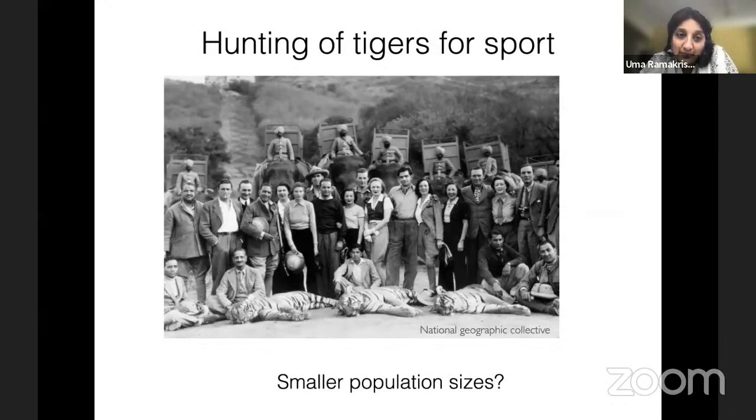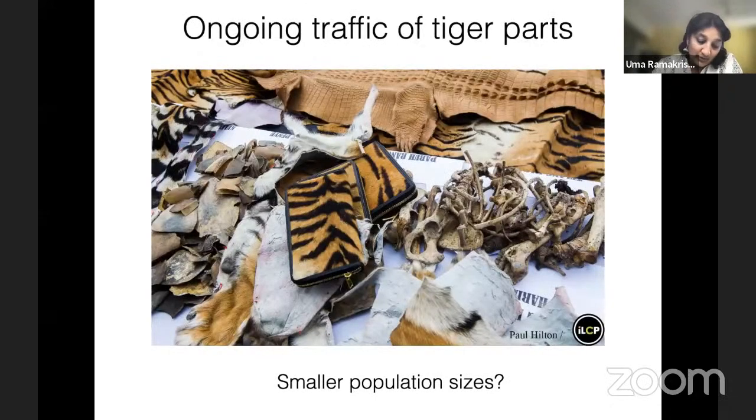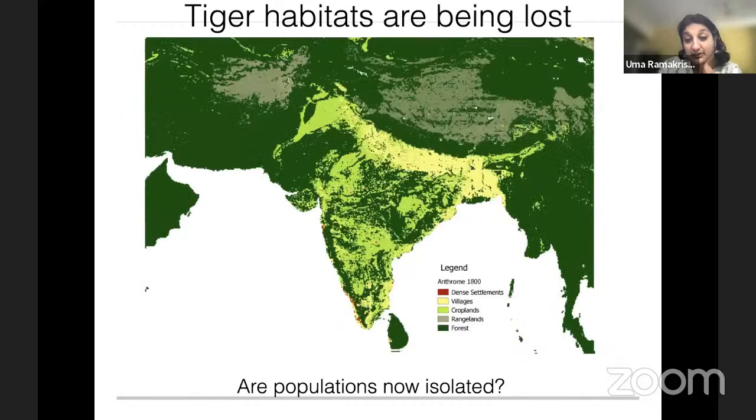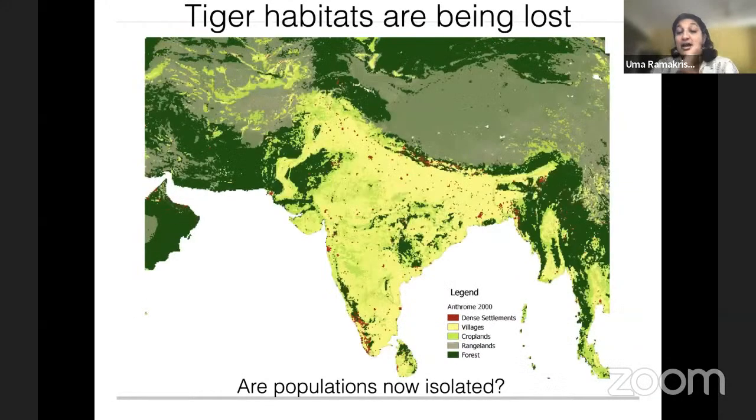Of course, we know that tigers have been hunted, and so those shorter stretches we see could be because of these bottlenecks. There's a picture, for example, of a hunt from the British Raj times, and ongoing trade and continued poaching, illegal hunting of tigers. Of course, tigers have also lost habitat. So this is an extrapolation from a database called Anthrome, and you can see forest cover as it changes in India from 1700, 1800, 1900, and 2000.